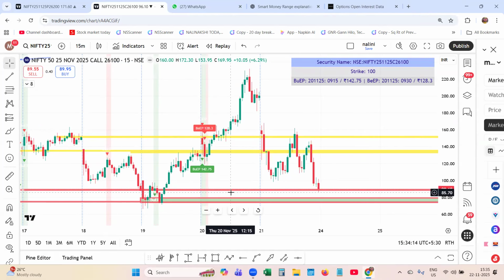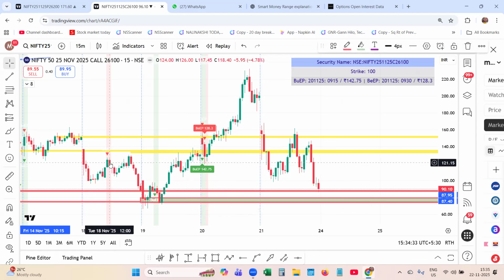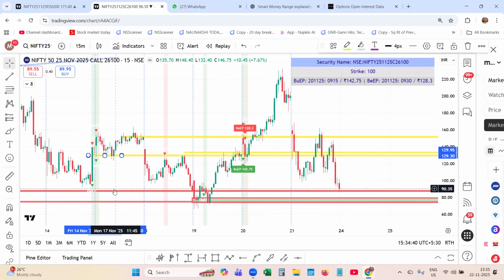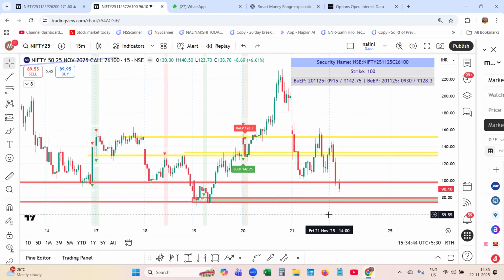When the market came down around 10:30, EP lines are here. Keeping this as the stop loss. Any level in between? Yeah, there is one level. We'll go to the bottom of this candle and mark that. I have adjusted it.